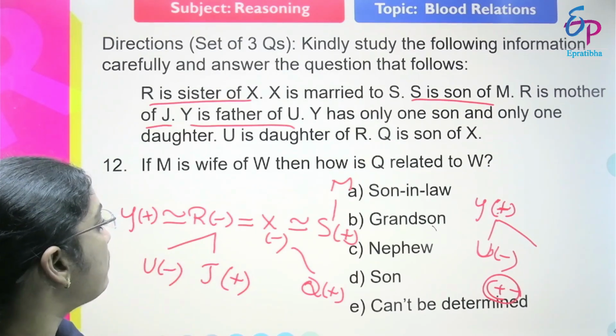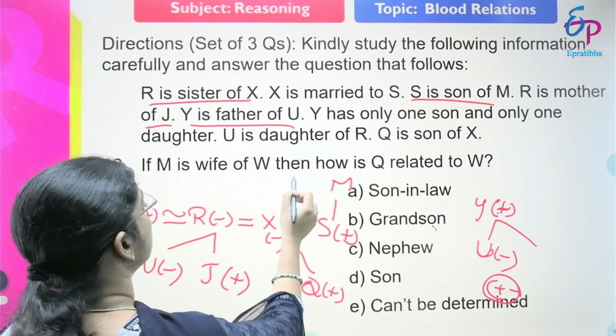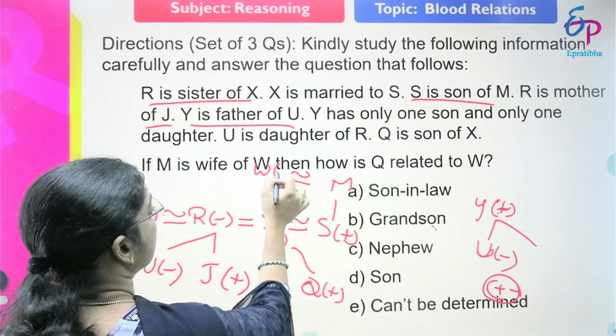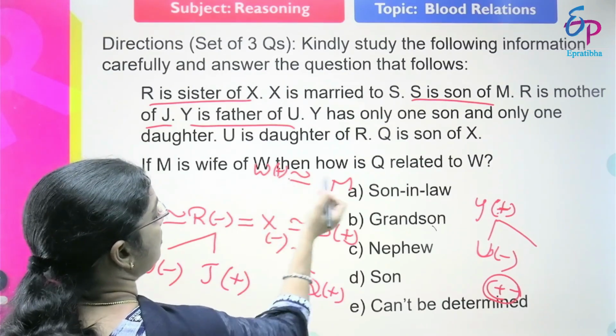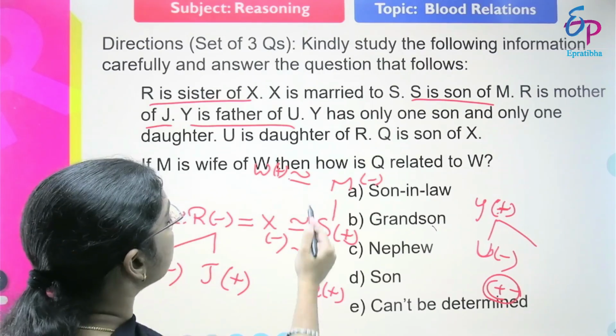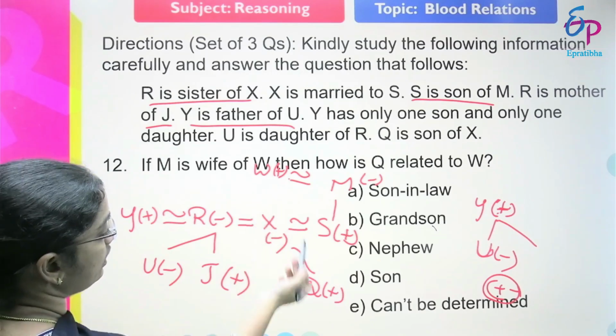If M is wife of W, for example, just in case you are considering M is wife of W, then M is female. If M is wife of W, how is Q related to W?